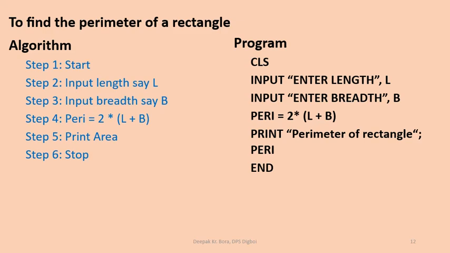So we can directly translate an algorithm into a program, depending on, of course, the programming language. Here it is QBASIC, so we are using QBASIC commands like CLS, INPUT, PERI, and PRINT. This you should know. If you want to write in any particular programming language, you should know the commands used in that language.